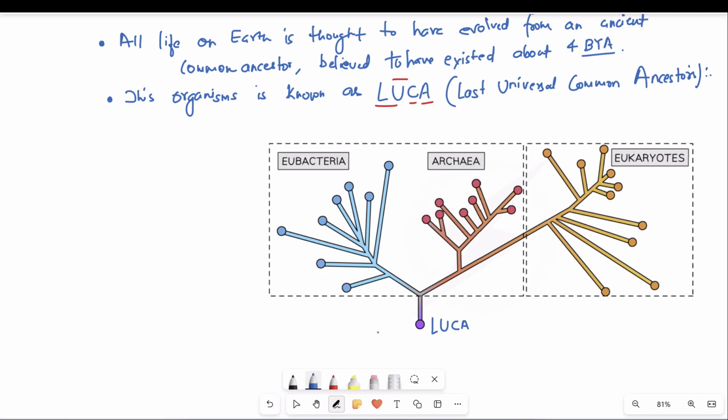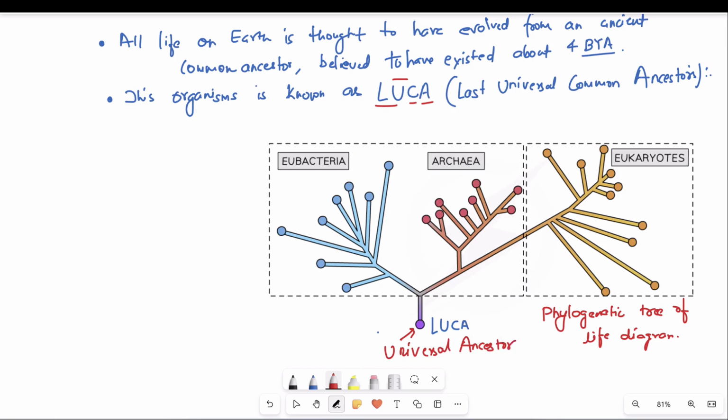This is also named the phylogenetic tree of life diagram. We can call this particular point the universal ancestor, right?